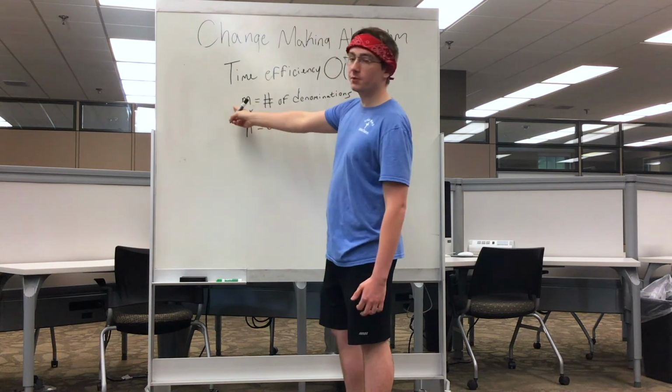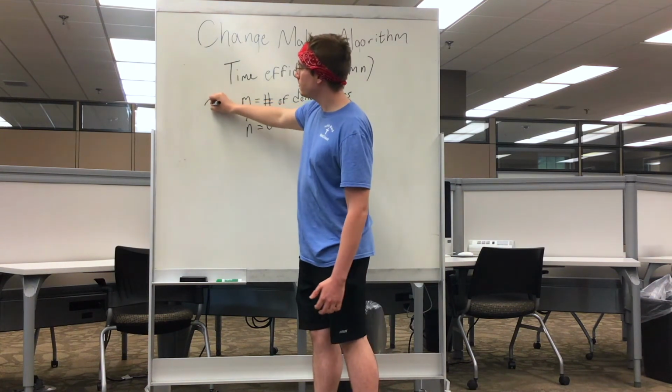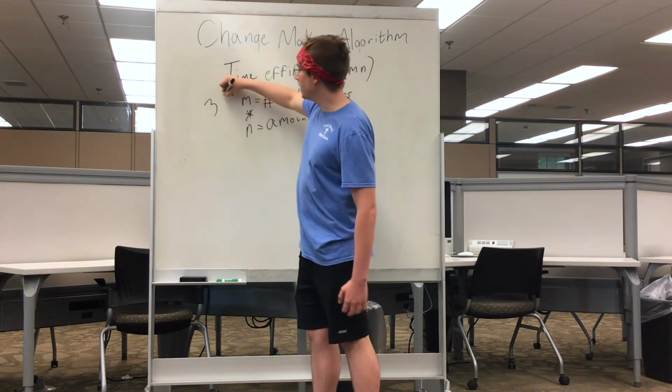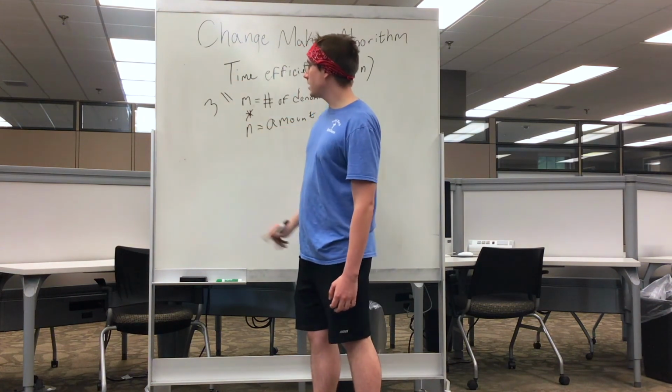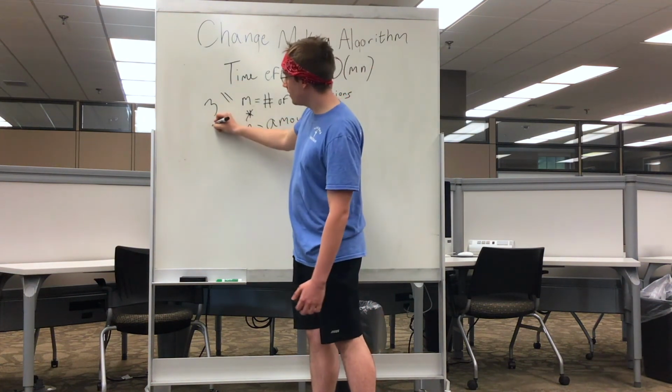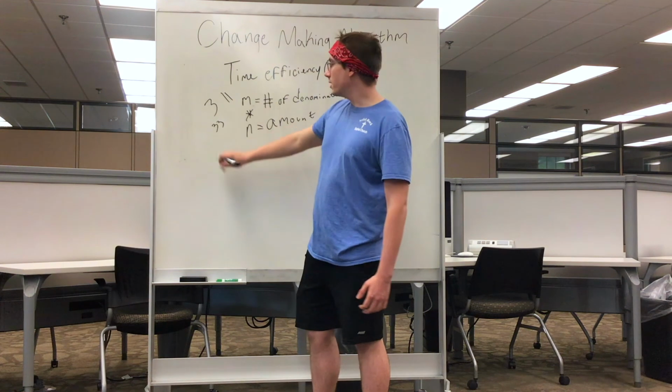So in that case, the number of denominations would have been 3, and the amount would have been 11. So the time efficiency for that one would have been 33, or big O of 33.